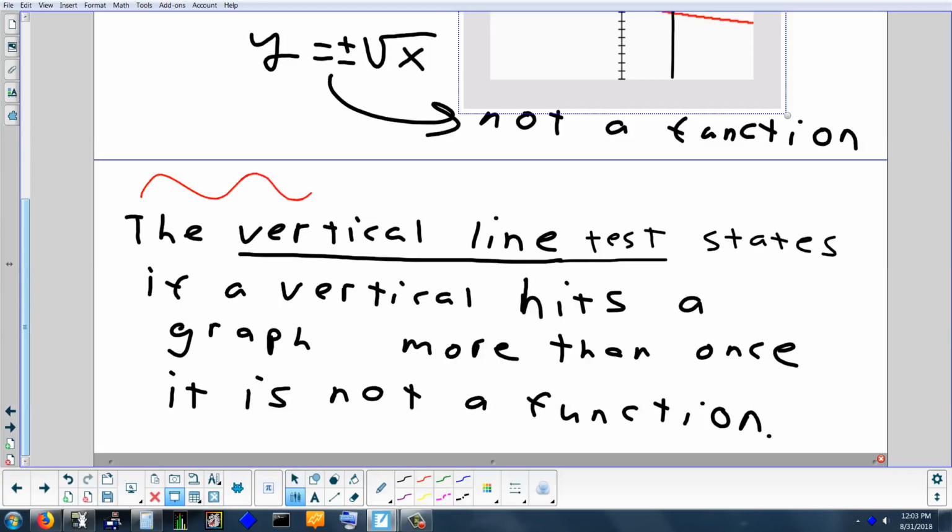How about this? Is that a function? Yes. Absolutely. If I put a vertical line anywhere you want, it's never hitting the graph more than once, no matter where you put it. A horizontal line would hit it more than once. That means something else. A vertical line only hits it once. Any questions on that?